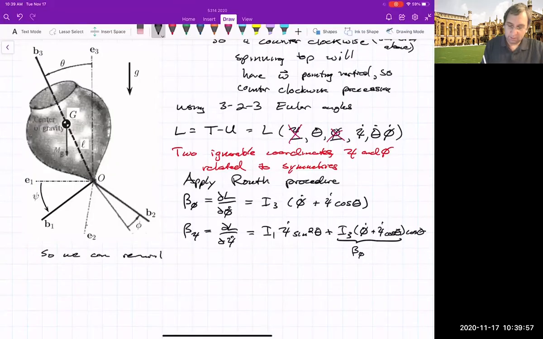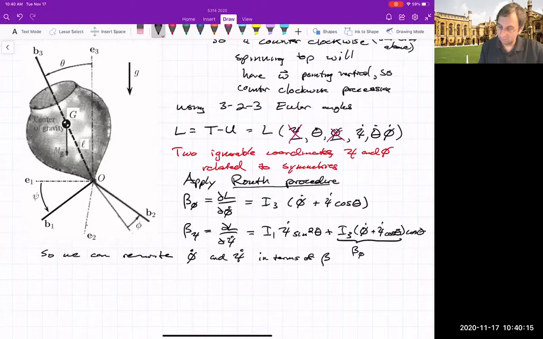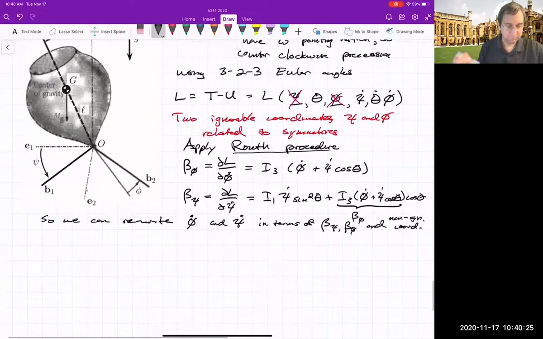So as the Routh procedure tells us, we need to rewrite these two generalized velocities, phi dot and psi dot, in terms of these betas and the non-ignorable coordinates and velocities.